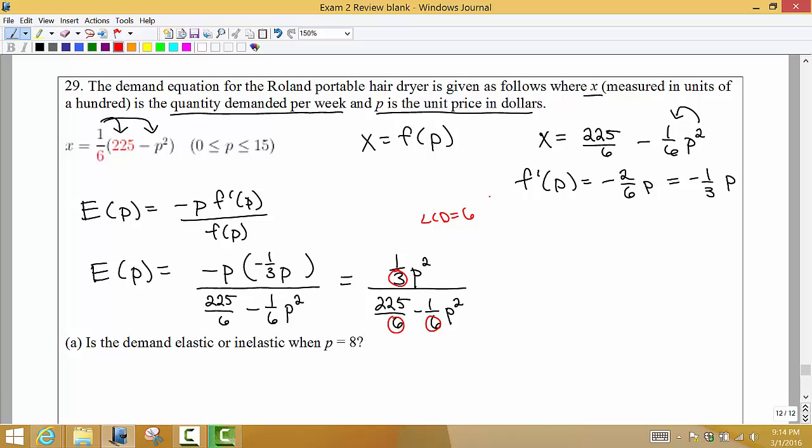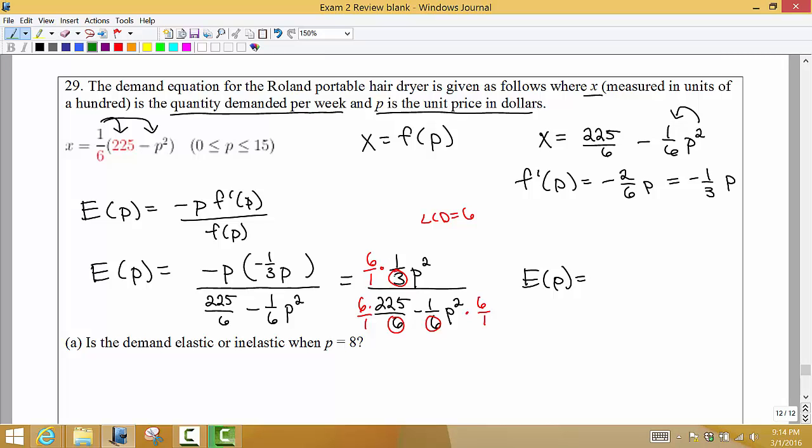And I have to multiply everything on top and the bottom by the same value. So if I multiply by 6, and you can think about that as 6 over 1 if you want, I'm going to multiply that times every term in the top and the bottom of my function. This is going to give me something a little bit nicer and a lot easier to work with as we go forward.